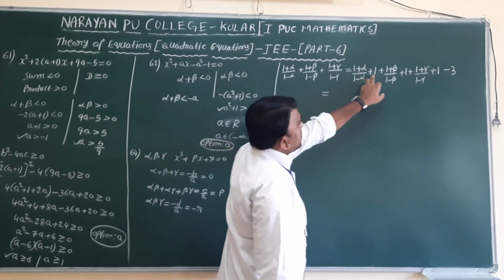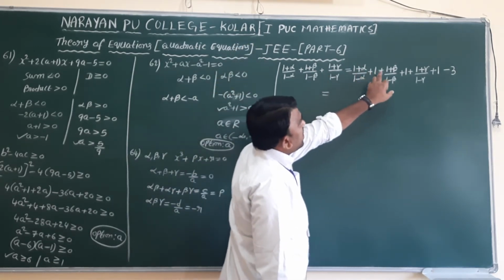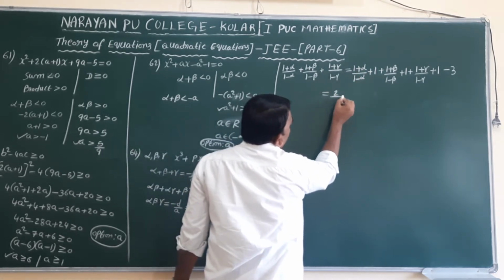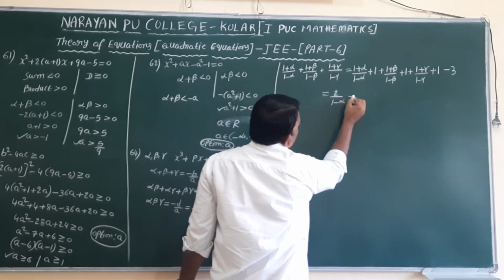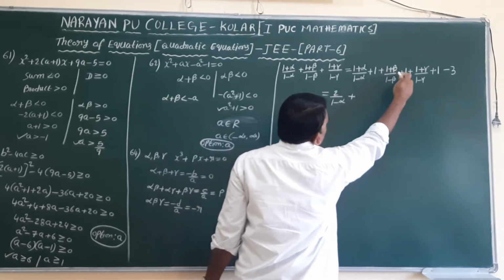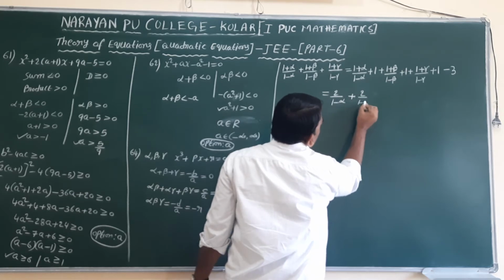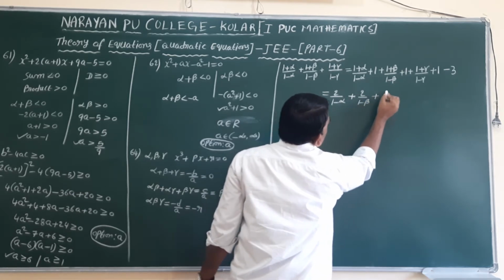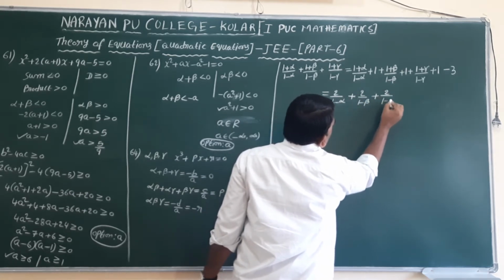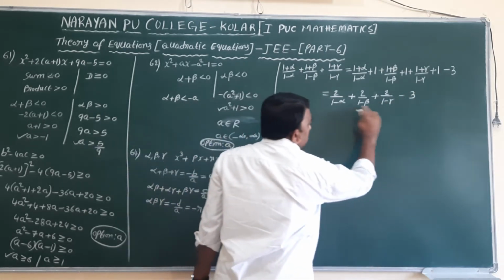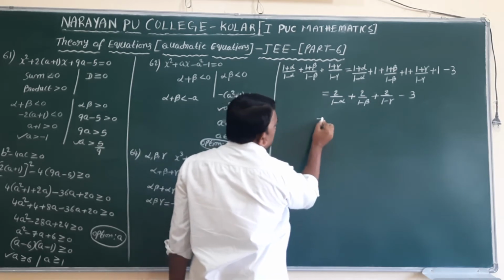Now simplify that right side value. Taking LCM for this, 1 plus alpha plus 1 minus alpha. Alpha cancelled, 1 plus 1 is 2, so 2 by 1 minus alpha. Plus same thing, 1 plus beta plus 1 minus beta, beta cancelled, 2 by 1 minus beta. Plus 2 by 1 minus gamma, minus 3. So among these 3, 2 we can take out.